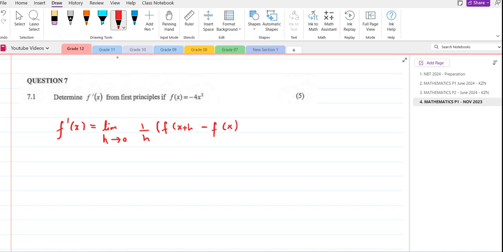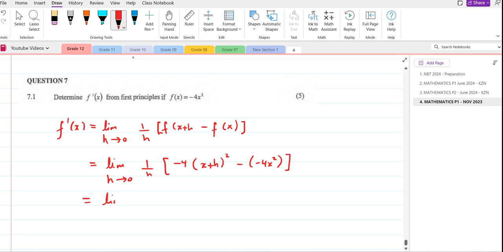What I have done is I just took the 1 over h outside, so I don't have to keep on ruling off and solving. So what's f of x plus h? Minus 4 into (x plus h) all squared, minus, minus 4x squared. I'm minusing f of x, which is minus 4x squared.